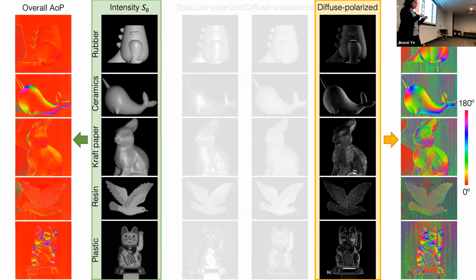Polarized light is actually everywhere, so you will be able to see the world in a different way because the lights are polarized. Any other questions?